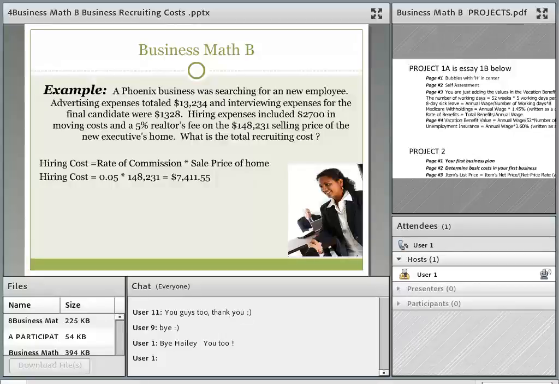And the sale price of the home is $148,231. So the hiring cost for them to pay to that person that's going to be moving is $7,411.55. So an employer will offer a certain percent of payment towards the move.